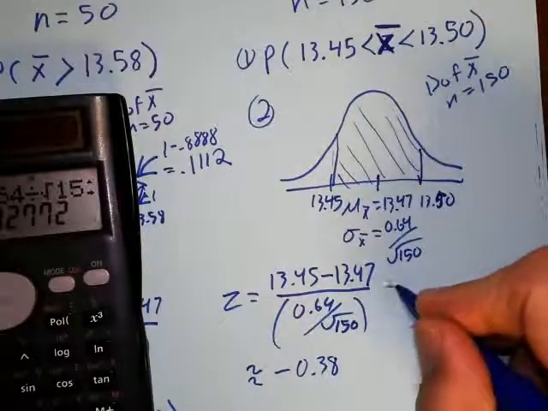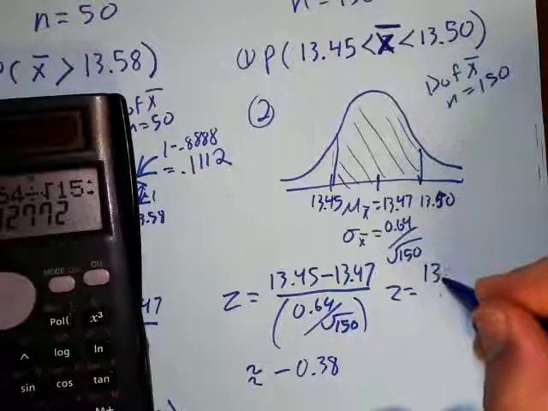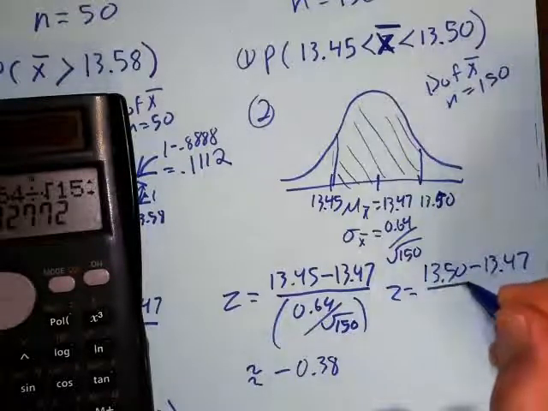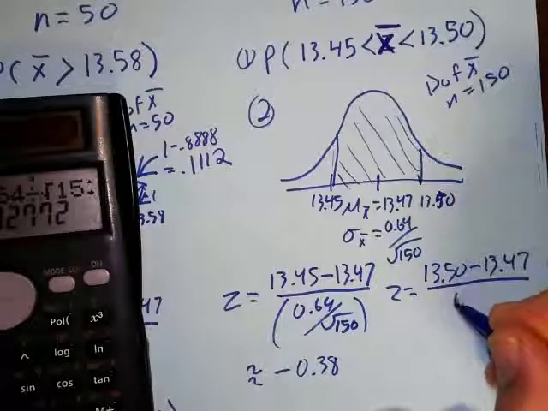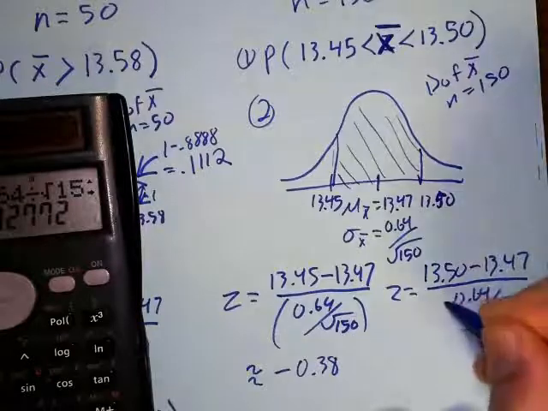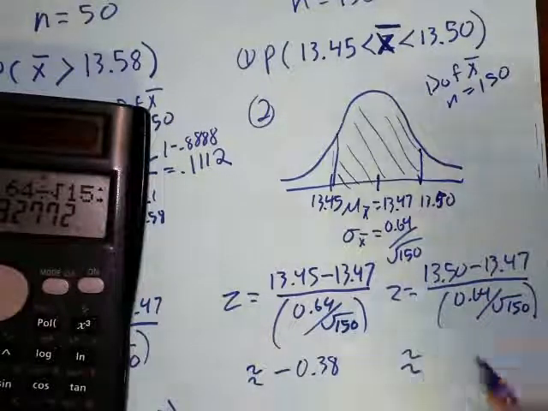Okay, and now this one is going to be 13.50 minus 13.47. Divide that by 0.64 over the square root of 150. Okay, and let's put this in.